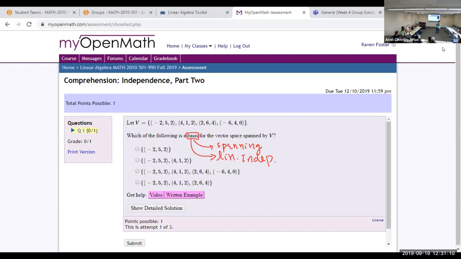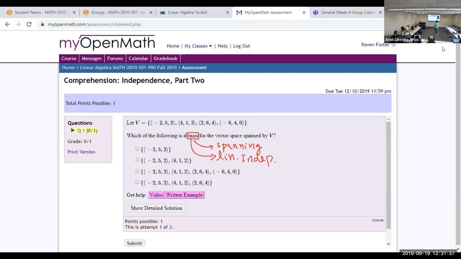So if it is dependent, it's redundant. Now, if it is dependent, is it possible to find a subset of the original that is not dependent, that is independent? That's the other way of phrasing this question: can you find the smallest linearly independent subset of this set of three vectors?